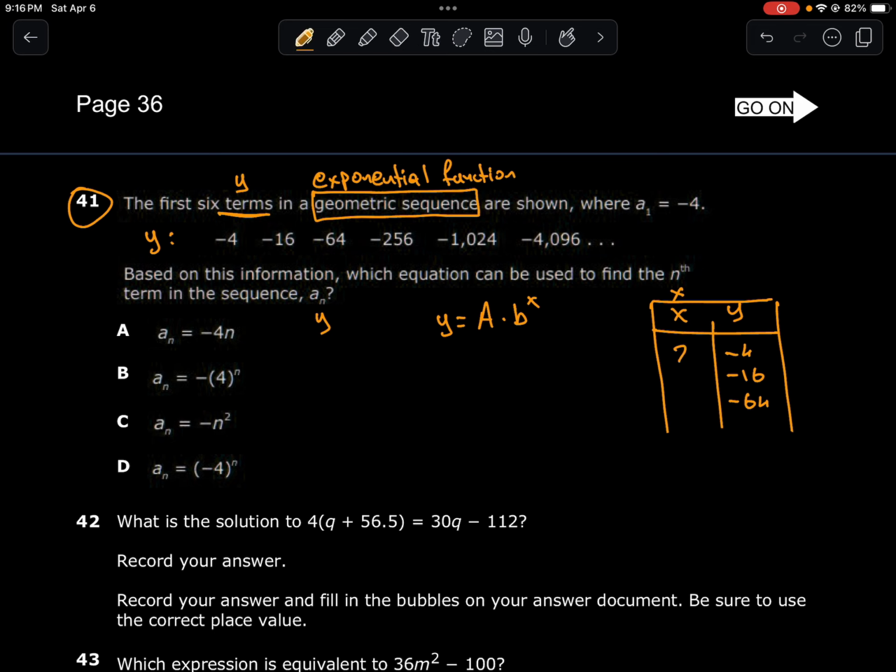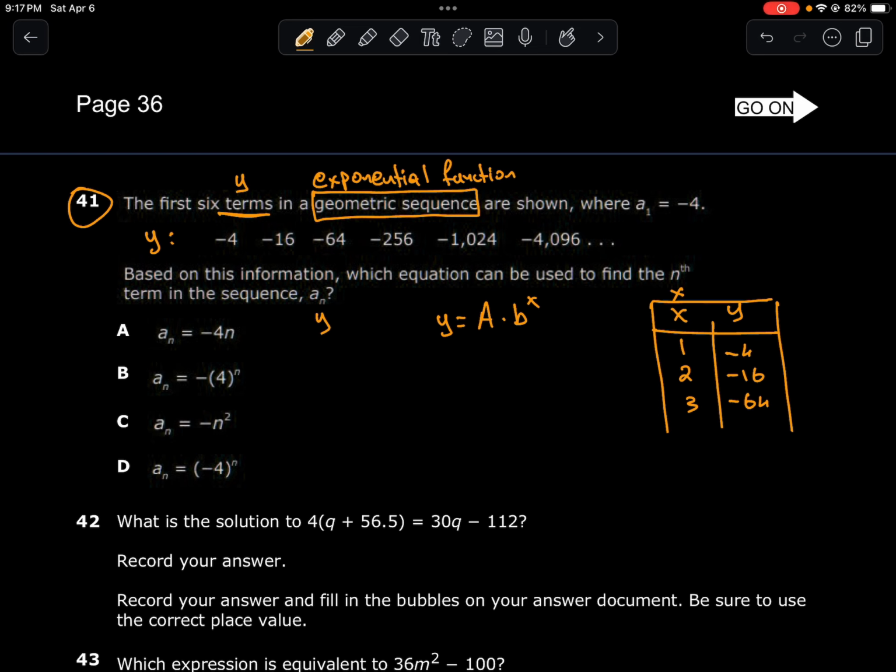Now the question is, what do I put for x? They don't give me anything. I should know that for geometric sequence you start with 1, 2, 3 and you keep going. The first term goes with 1, second goes with 2, third with 3 and so on.